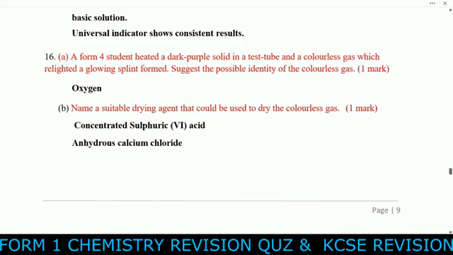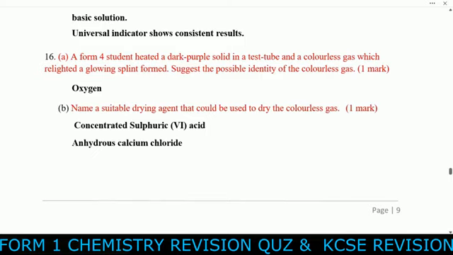Question number 16. A Form 4 student heated a dark purple solid in a test tube and a colorless gas which relighted glowing splints formed. Suggest the possible identity of the colorless gas. That one is oxygen.